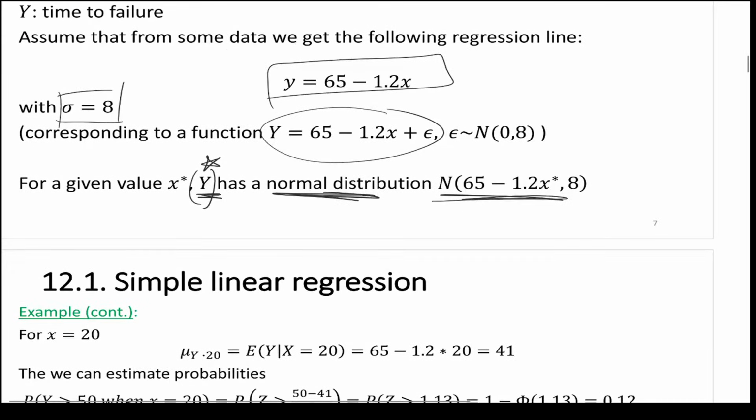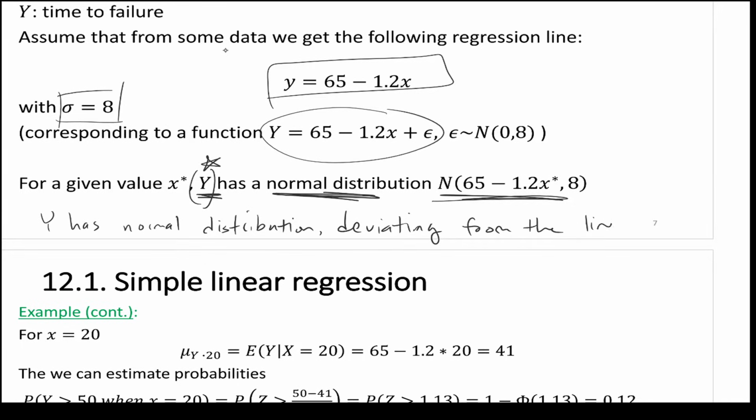So this says y has a normal distribution deviating from the line on average by 8 units.